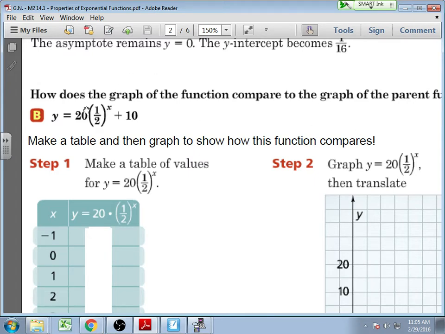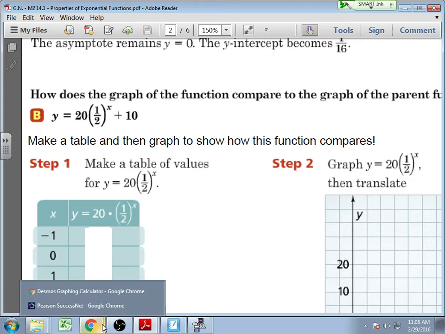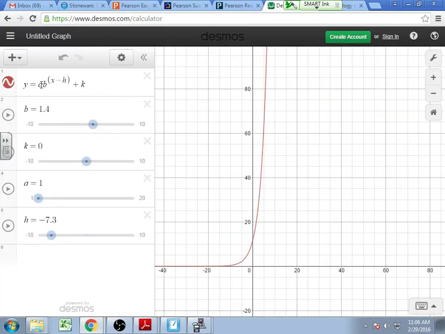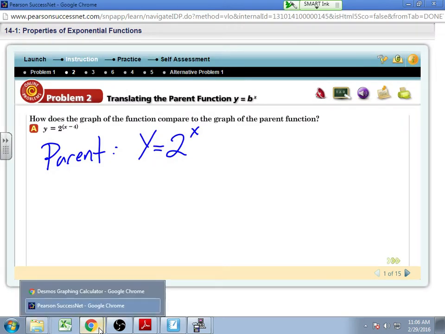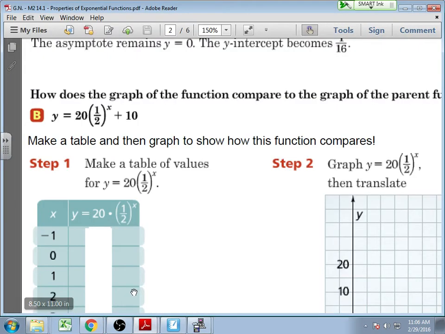Like I can take this 20 times 1/2 x plus 10 and I can put it in Desmos, except when I do that, a is now 20, so I need to make this allow me to go to 20. 20 times, what is it, 1/2? Sorry, we're in the PDF now, aren't we? 1/2 to the x, then plus 10.